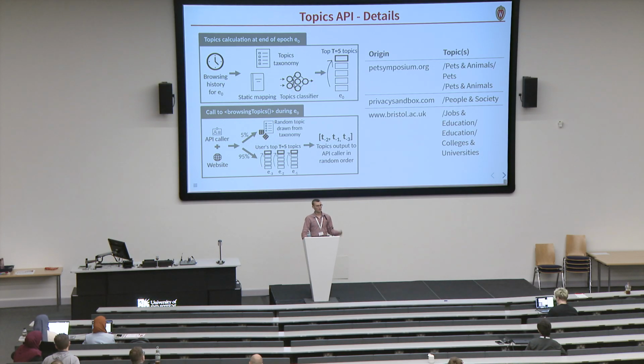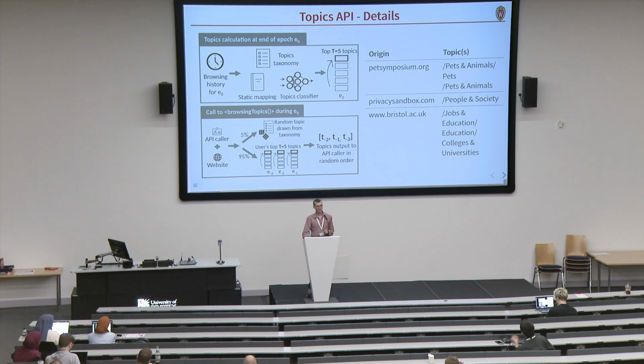Then at the bottom, we have the reporting stage. When a user visits a website and an advertiser is embedded on that website and calling the Topics API, this advertiser can observe a maximum of 3 topics, 1 topic for each one of the last 3 weeks.